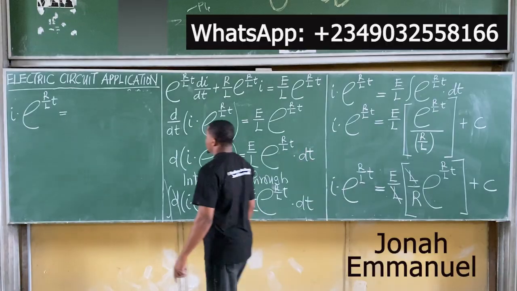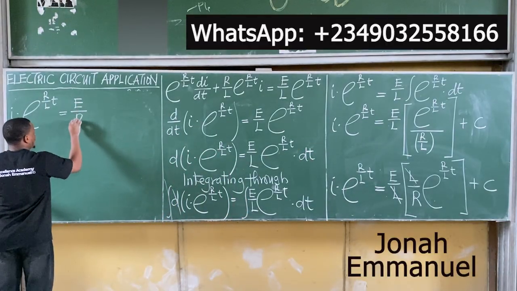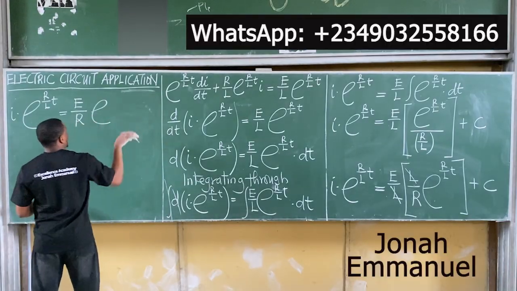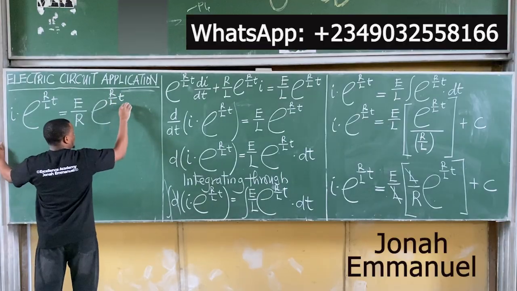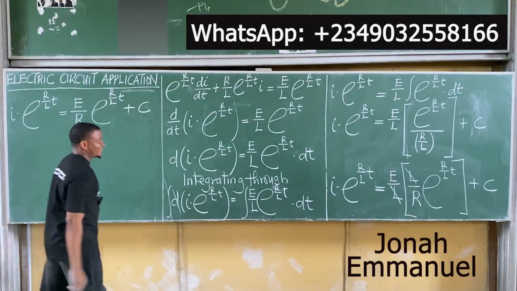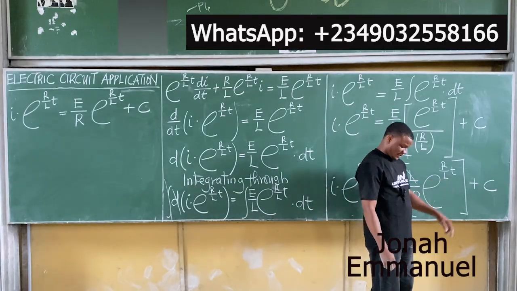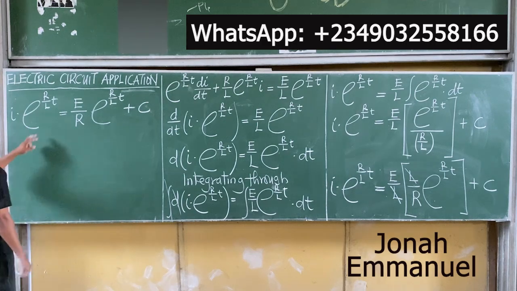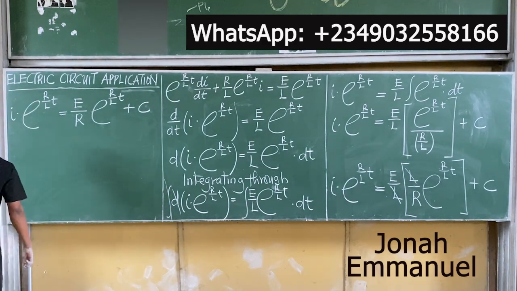Having E over R, that becomes equal to E all over R exponential R all over L t plus what there? C. I have that, right? So I have E over R, this plus C. My next task will be to divide both sides by what there? This. Right, divide by this. Just copy that, let's proceed.